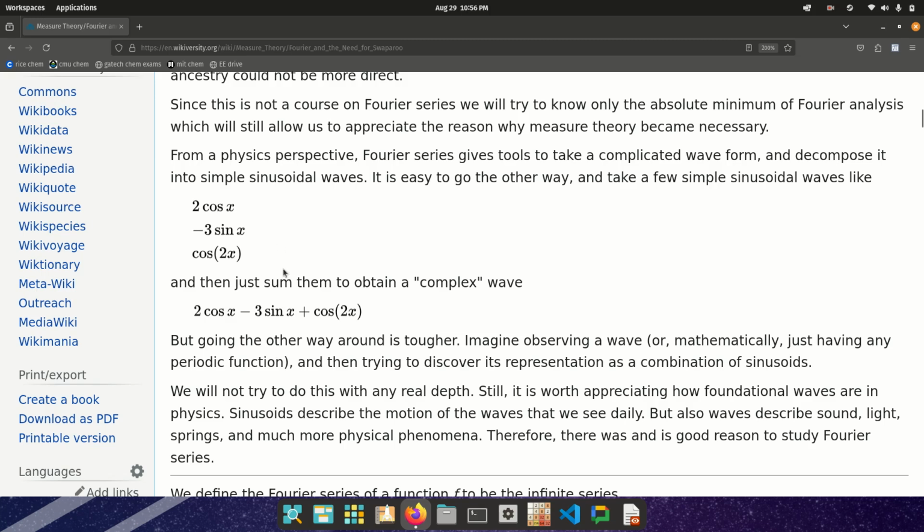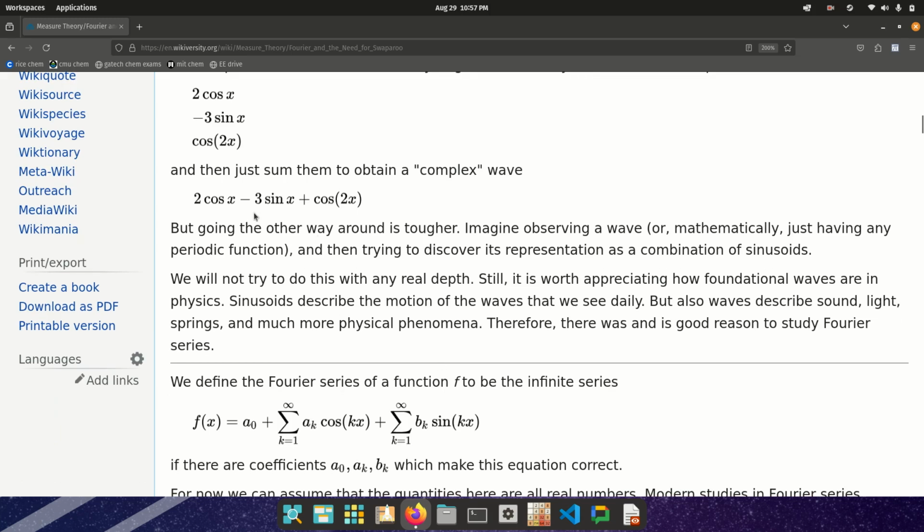So you can see in this window where the simple sinusoids, if you just add them all together, you get this complex wave. There's constructive interference and destructive interference, but in any case, all you do is add the individual simple terms together to get the more complicated wave.